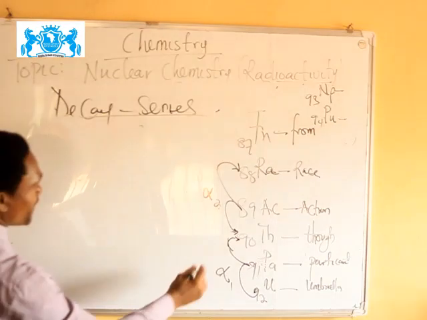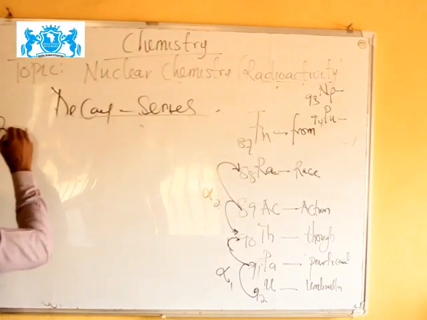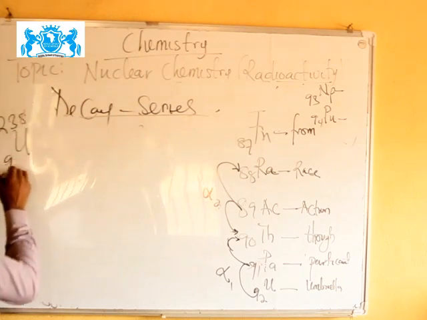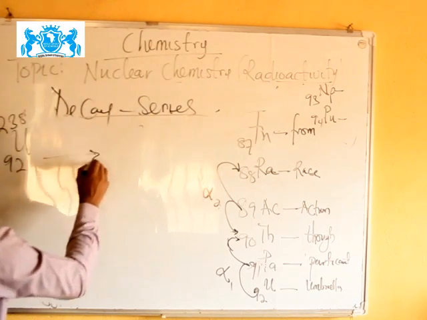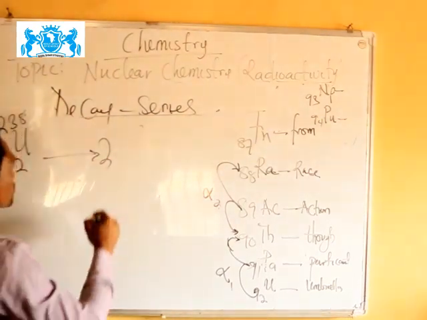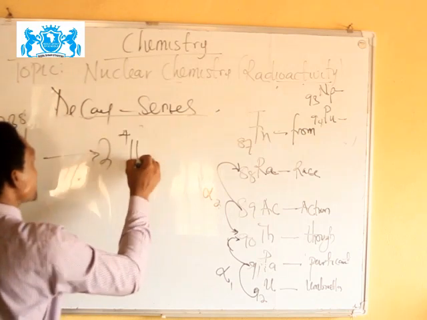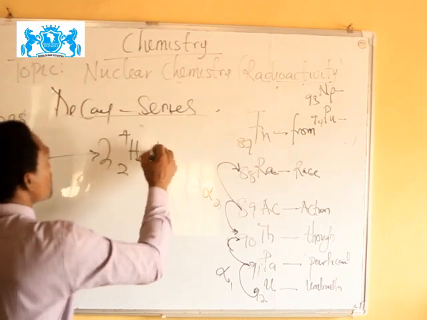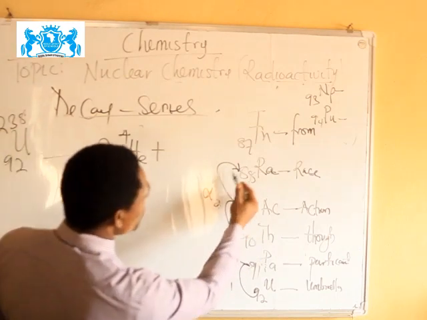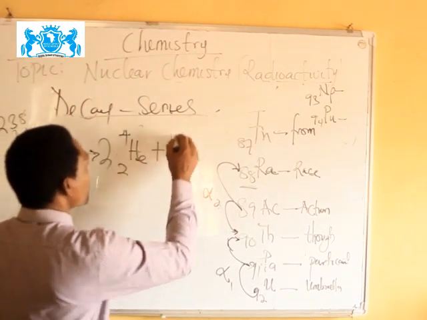We say 2 alpha decays. Let's say uranium 238, atomic number 92, undergoes 2 alpha decays. That means removing 2 alpha particles, which is 4He2. The stable nucleus produced is radium.